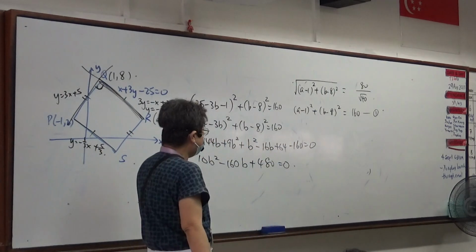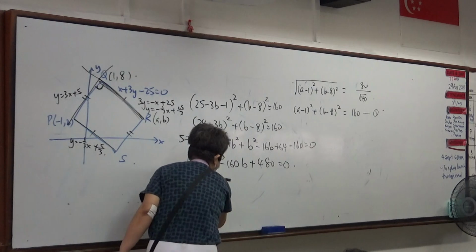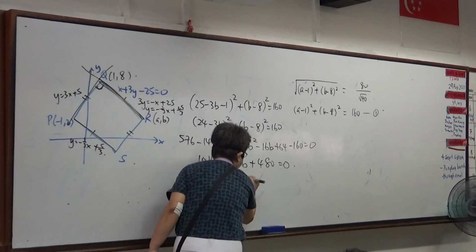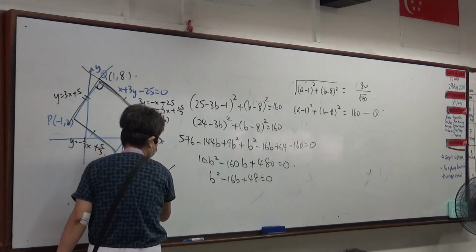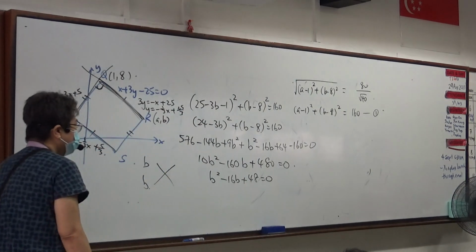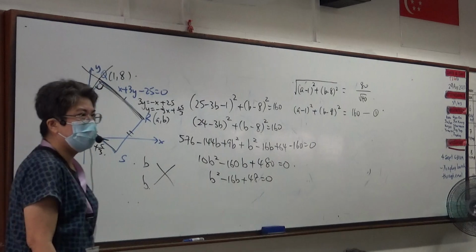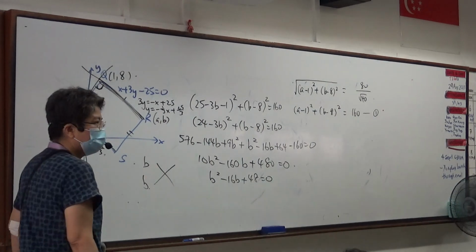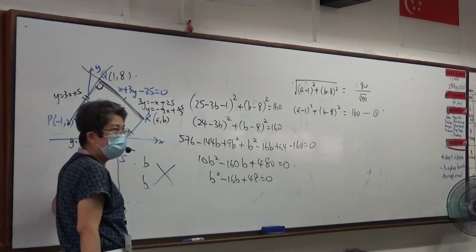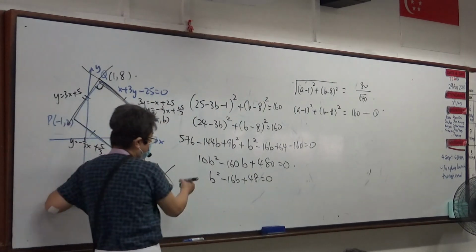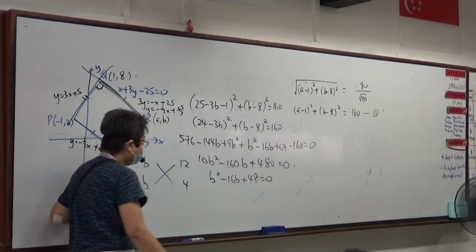Okay, I divide now by 10. So what do I have? How do I cross this? 48, how to get negative 16? From 1, 8, 12 and 4.